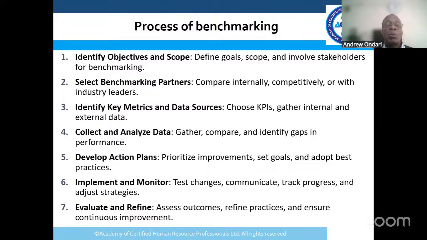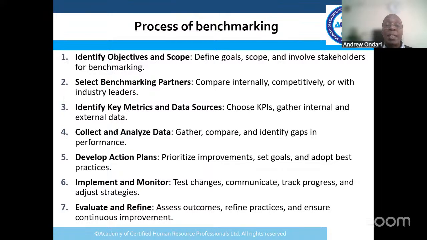You need to identify 3, 4, or 5 other industry leaders so that you can identify the best practices that are common in all those companies.